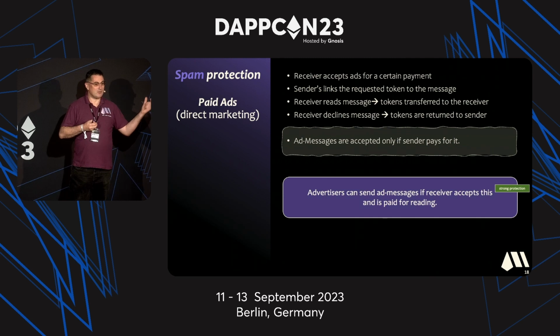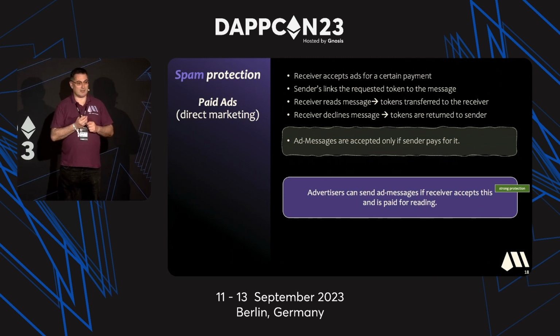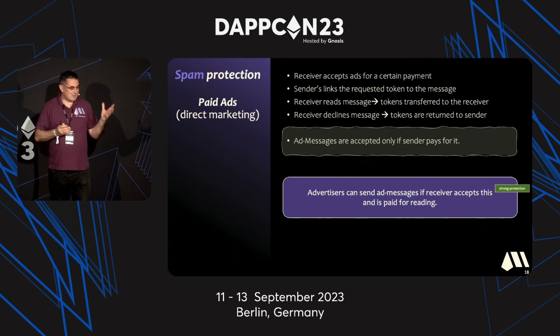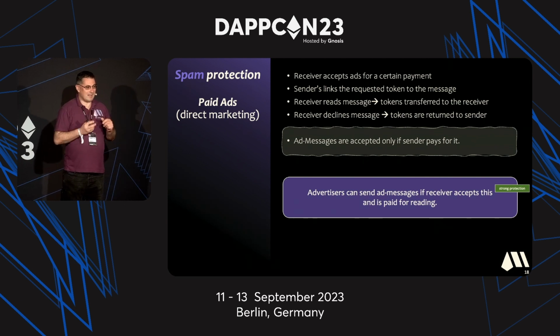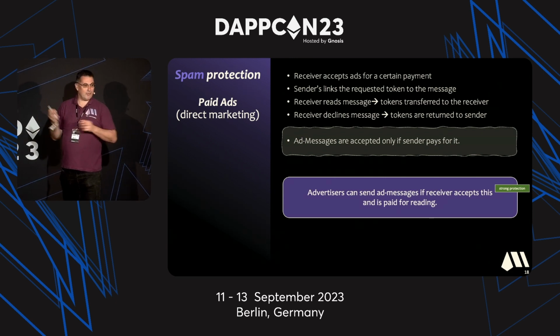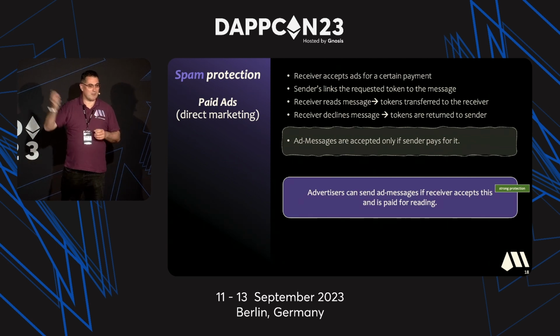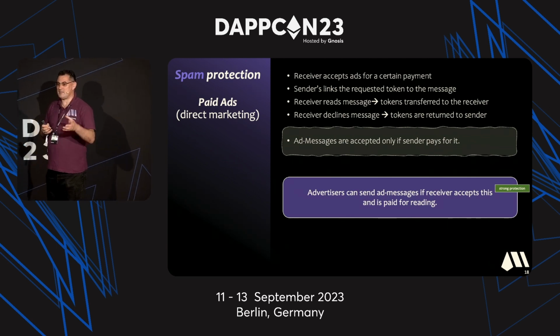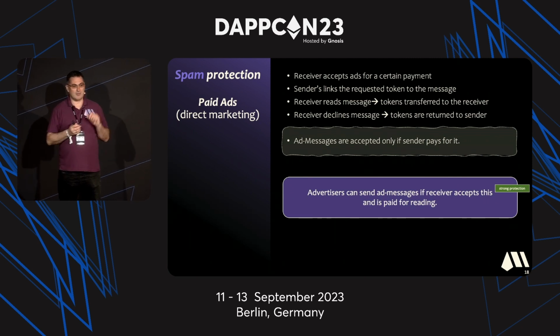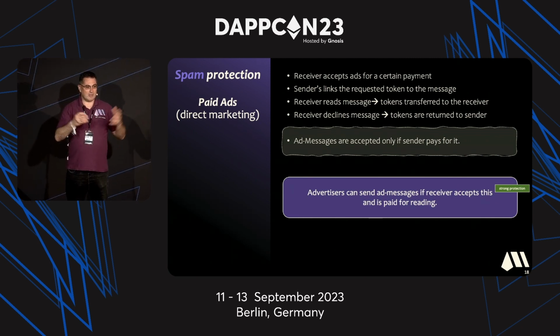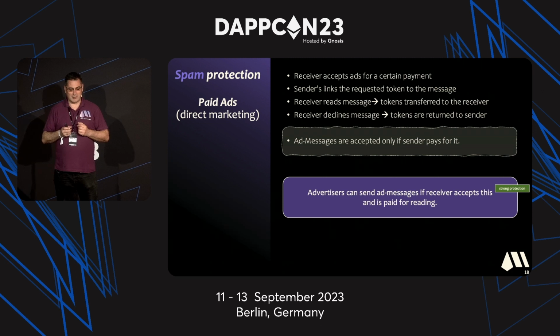And if they accept and read the message, then the payment goes directly to the receiver. It's maybe the same cost as using an advertisement on Google, but there I pay Google to send a link to my web page, and here I can send the money directly to the receiver. I don't need any intermediary in between.